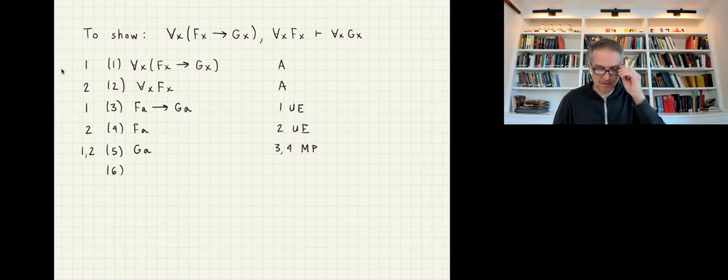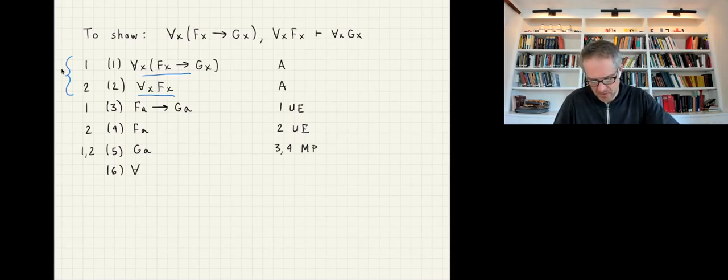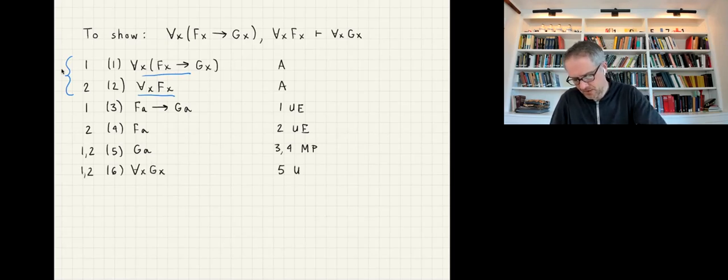The dependencies of line 5 are 1, 2. In 1 and 2, a does not occur. Just to make this totally clear, a does not occur here, a does not occur here. So therefore, I'm permitted on line 6 to generalize what I have on line 5. So I can go to for all x, Gx, copying those down, 5, universal introduction. Okay, so everything is G.